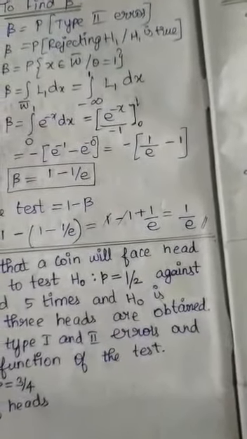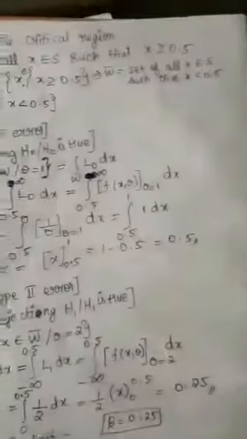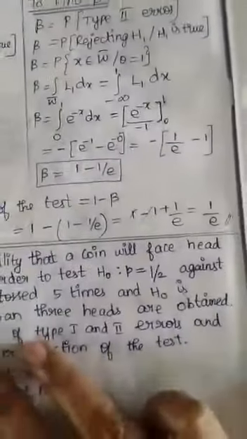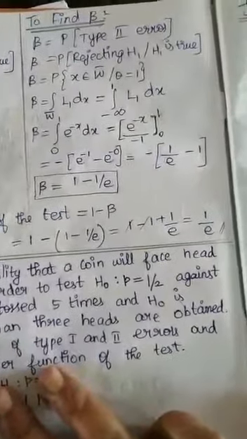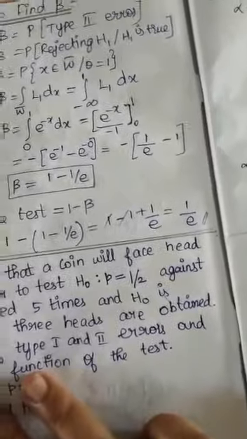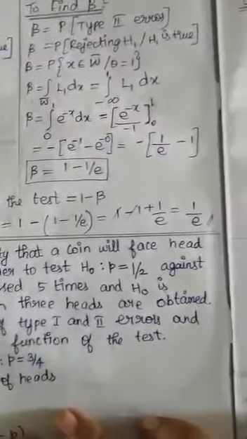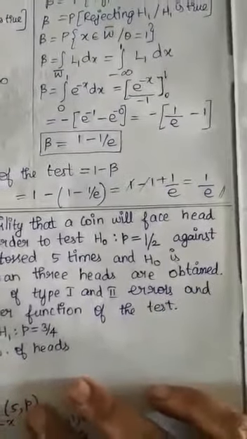E power minus 1 is 1 by e, and e power minus 0 is 1 by e power 0, which is 1. So we got minus of 1 by e minus 1. Multiplying by minus, we get 1 minus 1 by e. So we got beta.